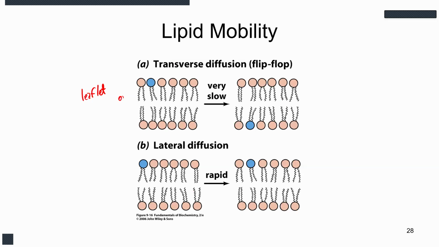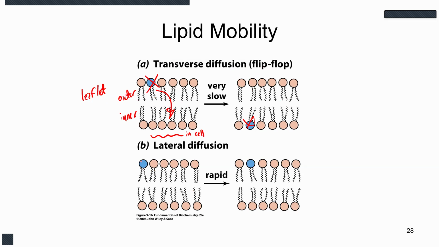They are known as the outer and inner. Imagining that in here where I'm drawing, that's inside the cell. To go from the outer to the inner, that is known as transverse diffusion. And we have this flipping that's taking place.